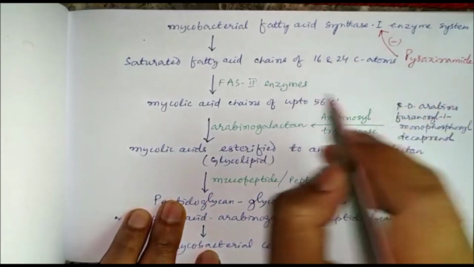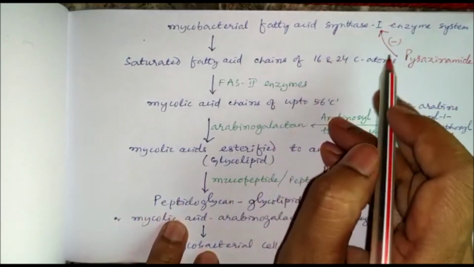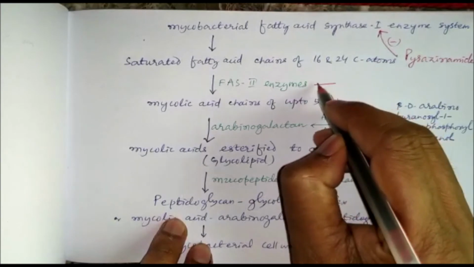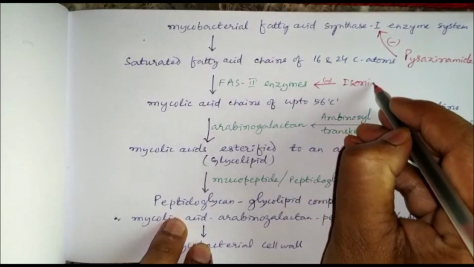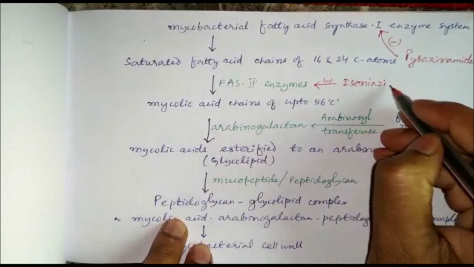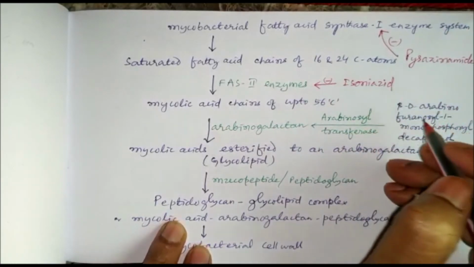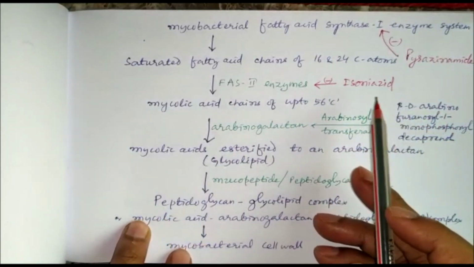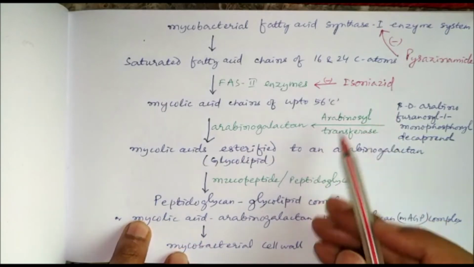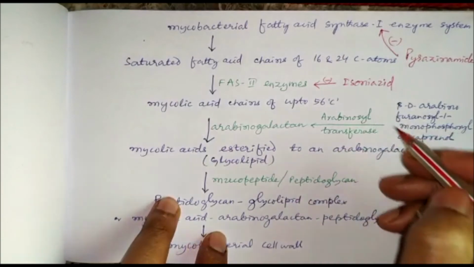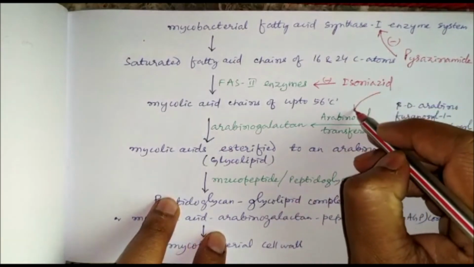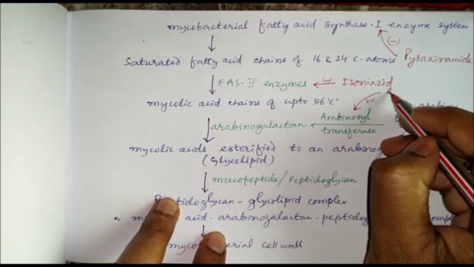Pyrazinamide inhibits the fatty acid synthase 1 enzyme system, and isoniazid, or isonicotinic acid hydrazide, inhibits the fatty acid synthase 2 enzyme system. Then arabinosyl transferase is inhibited by ethambutol.